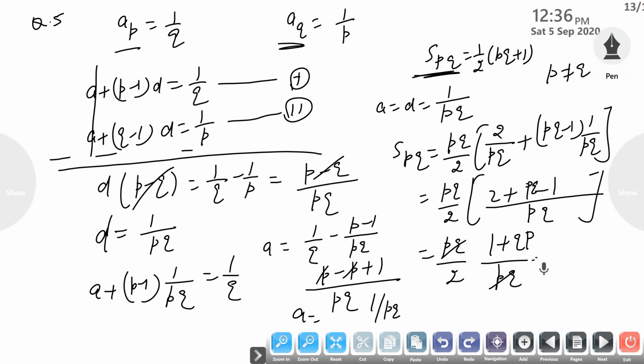Cancel pq to pq, we get pq plus 1 by 2, which is equal to the right hand side. So this is our question number 5.